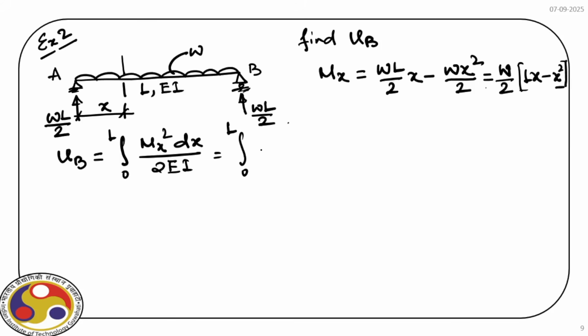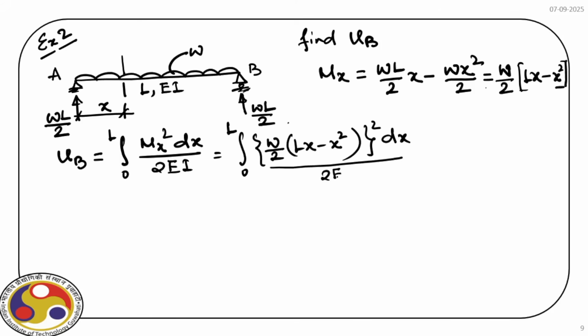So we have here omega by 2 times Lx minus x square, square of this quantity times dx divided by twice EI.